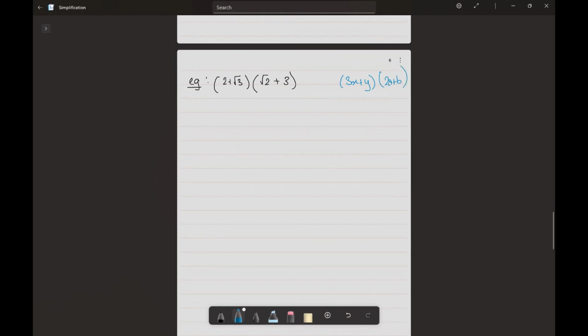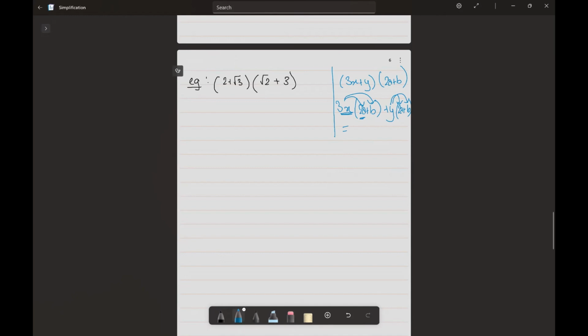We know how the multiplication works, right? We multiply 3x with 2a plus b in algebra, and then y with 2a plus b again. This 3x gets multiplied with 2a, then again with b. This y gets multiplied with 2a, then with b. We will apply the same process in this one.